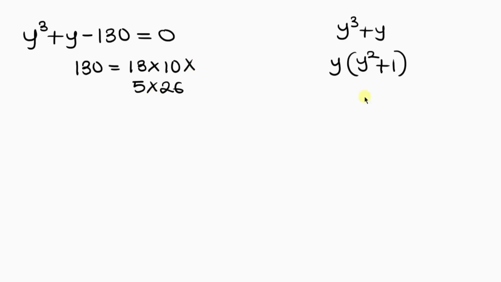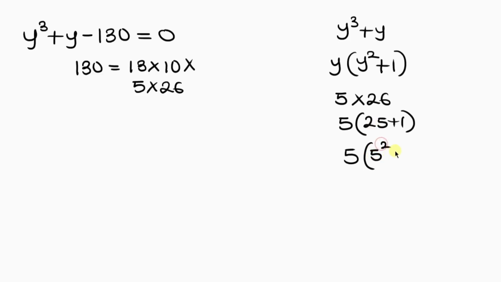So this can be written as 5 times 26 can be written as 5 times 25 plus 1. Right? Because 25 plus 1 is 26. So 5 times, and 25 is a perfect square, which means it can be written as 5 squared plus 1. Now compare. It looks exactly like this. And I believe with this, you have been able to guess the value for y, right? That the value for y must be 5.